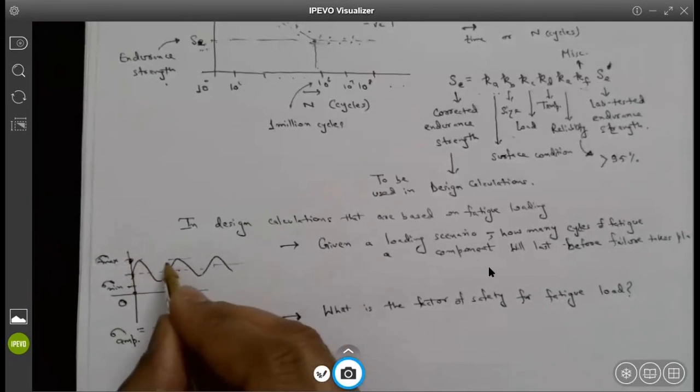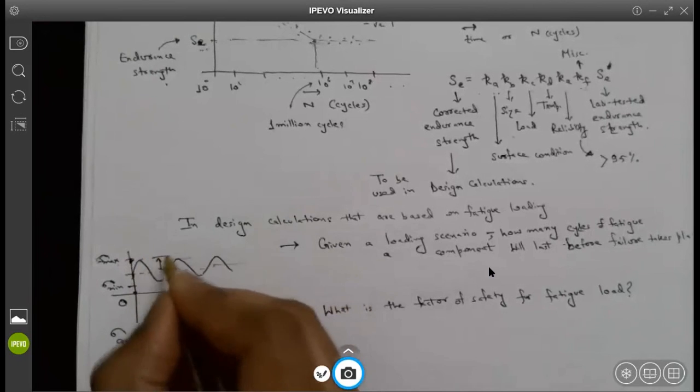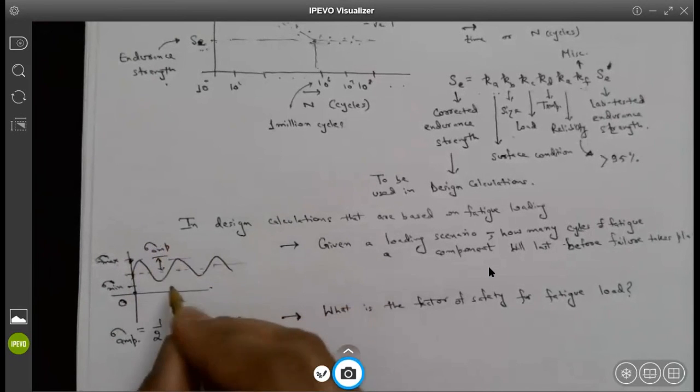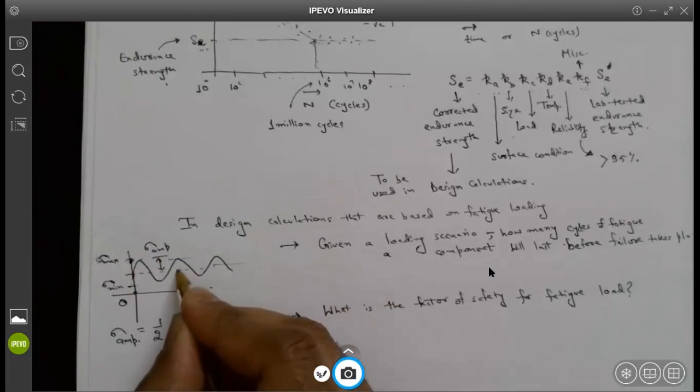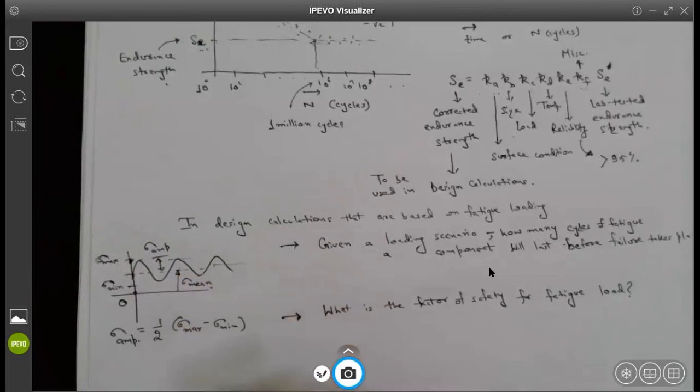And the mid-range component is called sigma mean, given by half of sigma max plus sigma minimum.